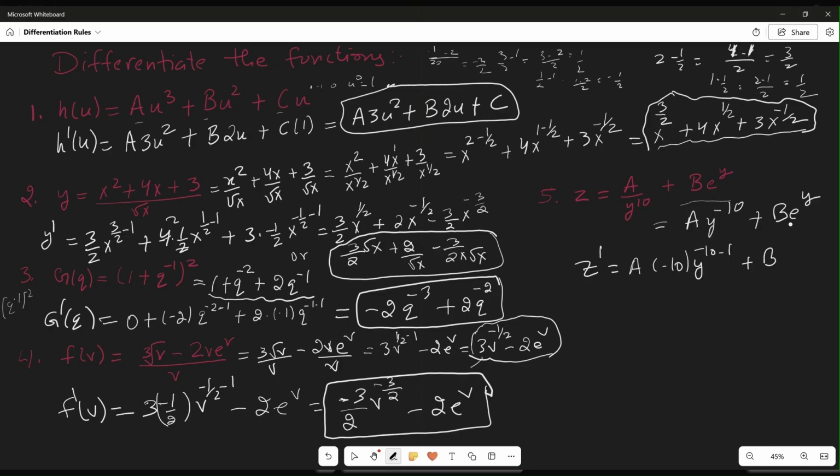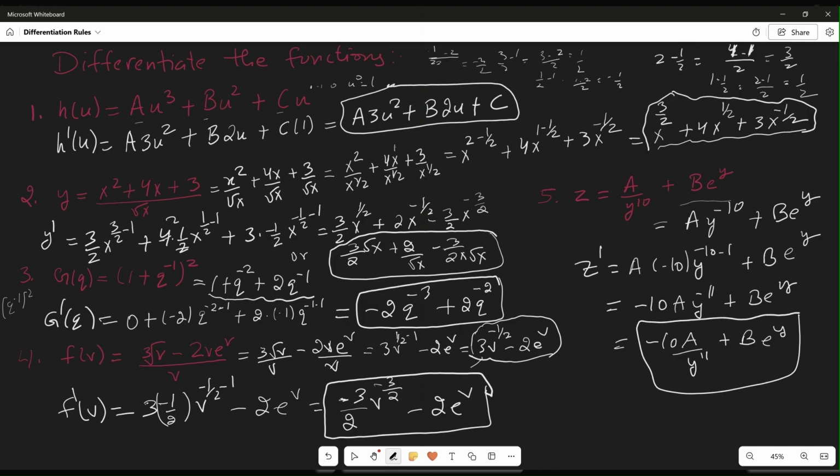Again, exponential, right? Derivative of natural exponential is going to be as it is. You can also write this as this, since it was written originally in this format, so we're just going to return back to its original format. And here is your result.